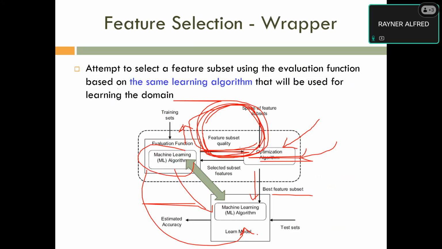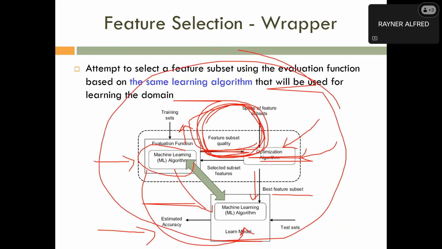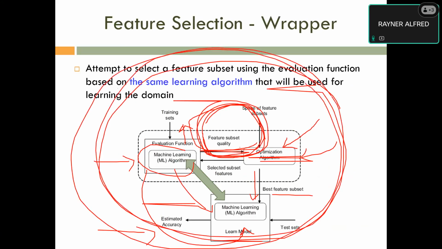But for the wrapper, you choose the same model, the same algorithm, for selecting the features and testing. So that's why they call it wrapper. You wrap around your environment using one algorithm.